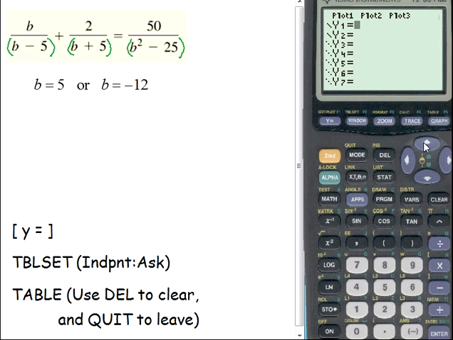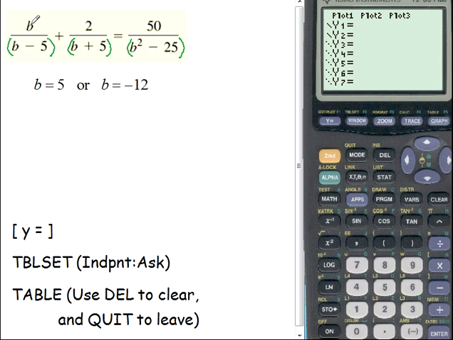And then go up to y1, and y1 will be the left side of the equation. This is very standard. y1 is always the left side, and y2 is the right side. The other thing that's standard here is that you can't use any variable except x in the y equal window.